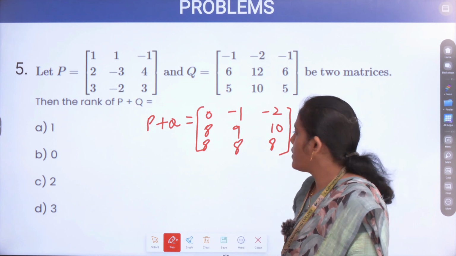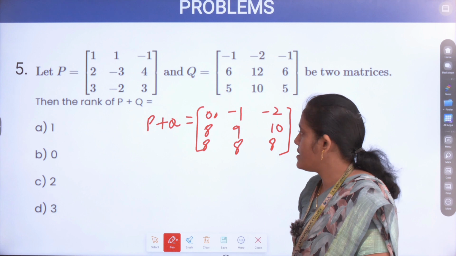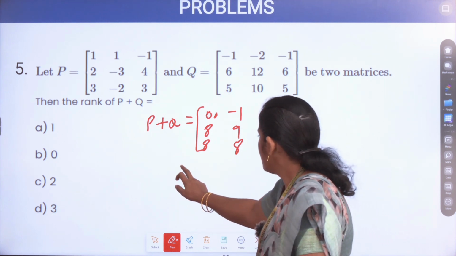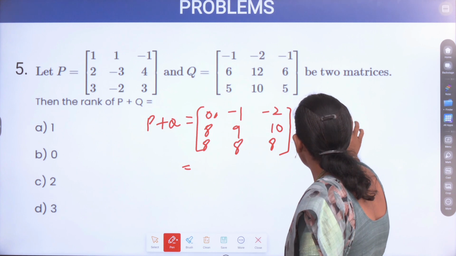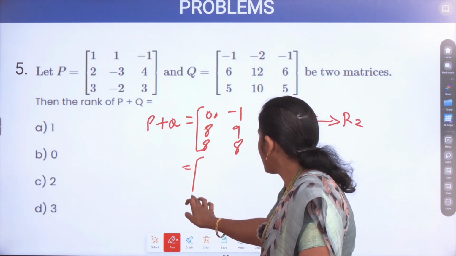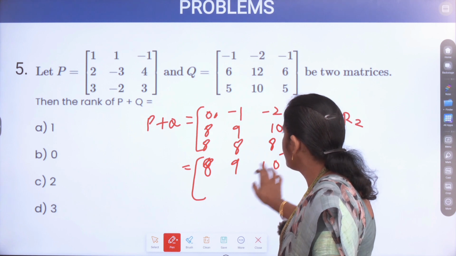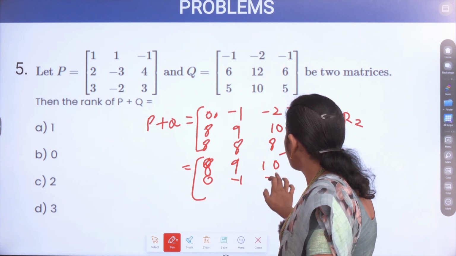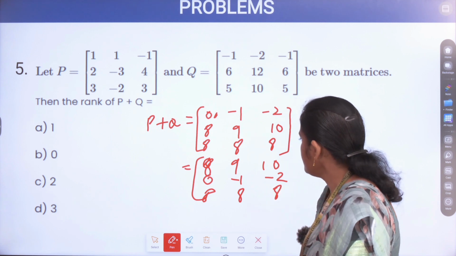Now using the row echelon form, see the first element, it is a 0 element. So interchanging rows, R1 interchanged with R2. So this can be written as 8, 9, 10, 0, minus 1, minus 2, 8, 8, 8.